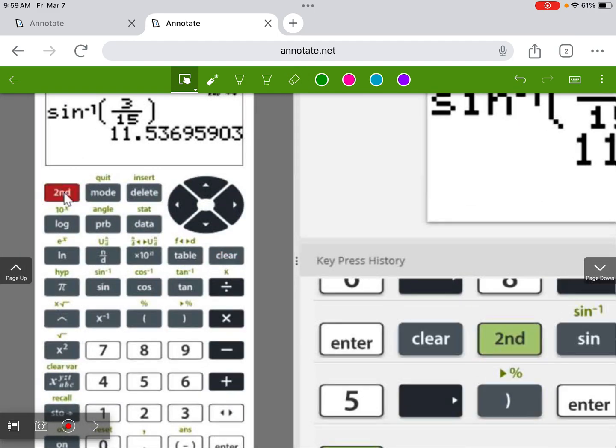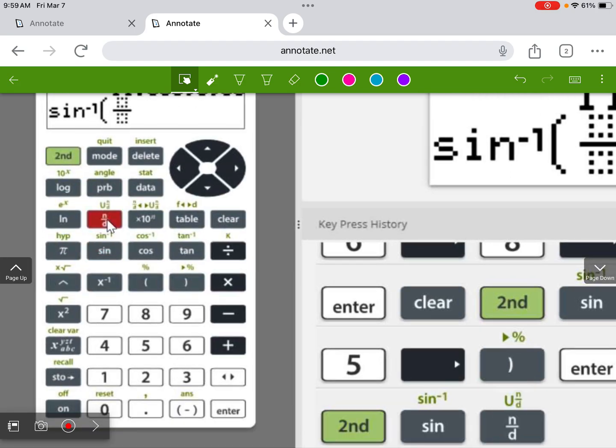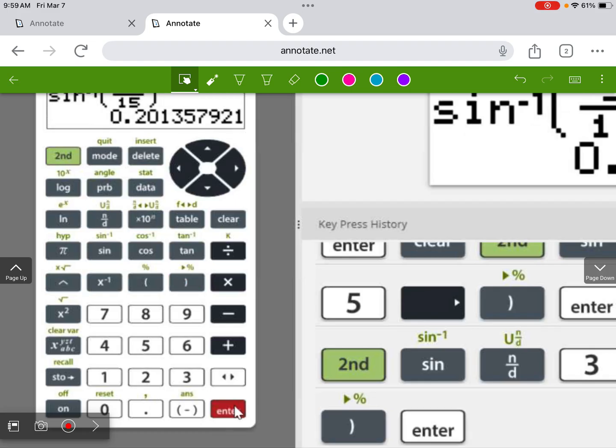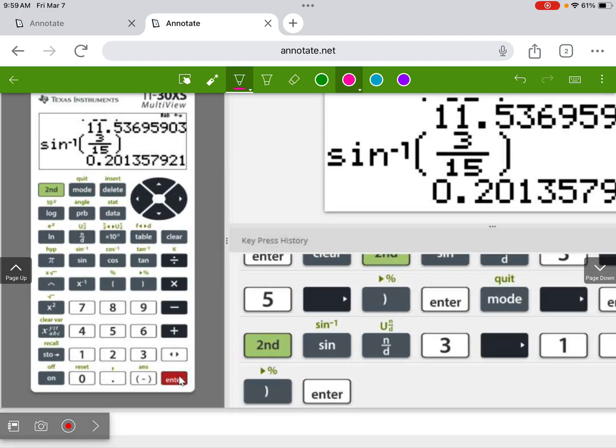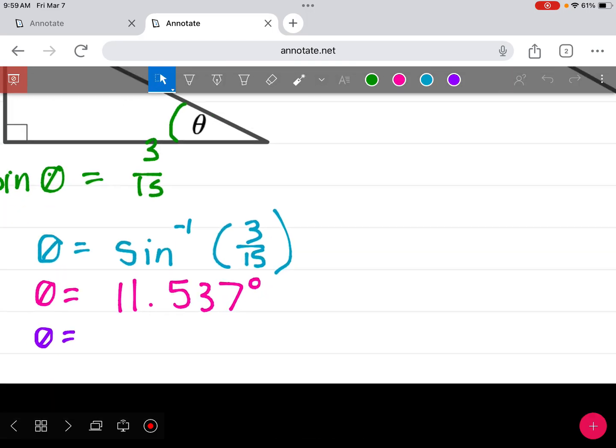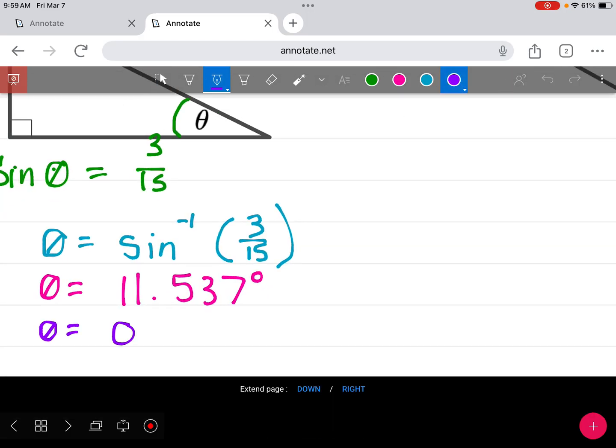Then it's the exact same pieces. Our inverse sine of 3/15. And since I'm in radian mode, now it'll spit out my radian answer. And we get 0.201. And this one is in radians.